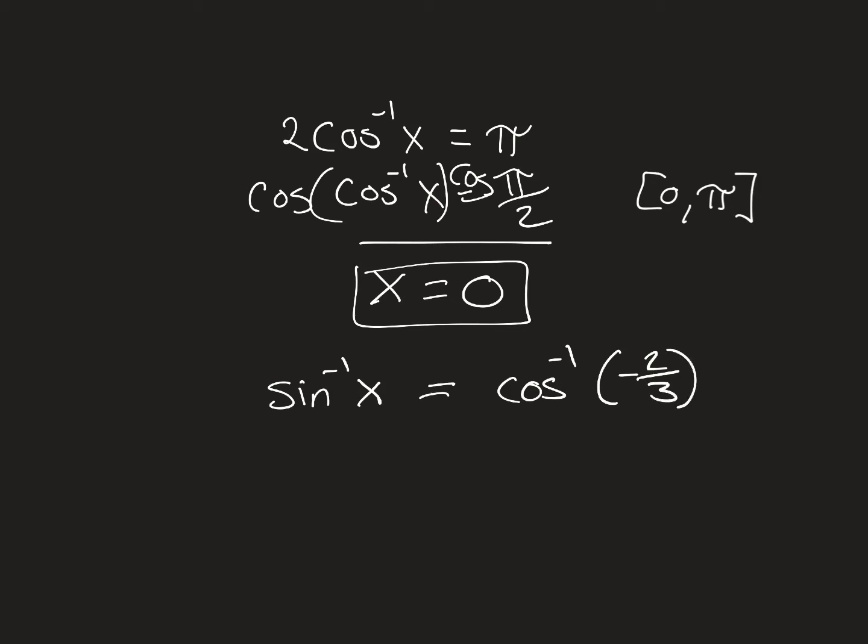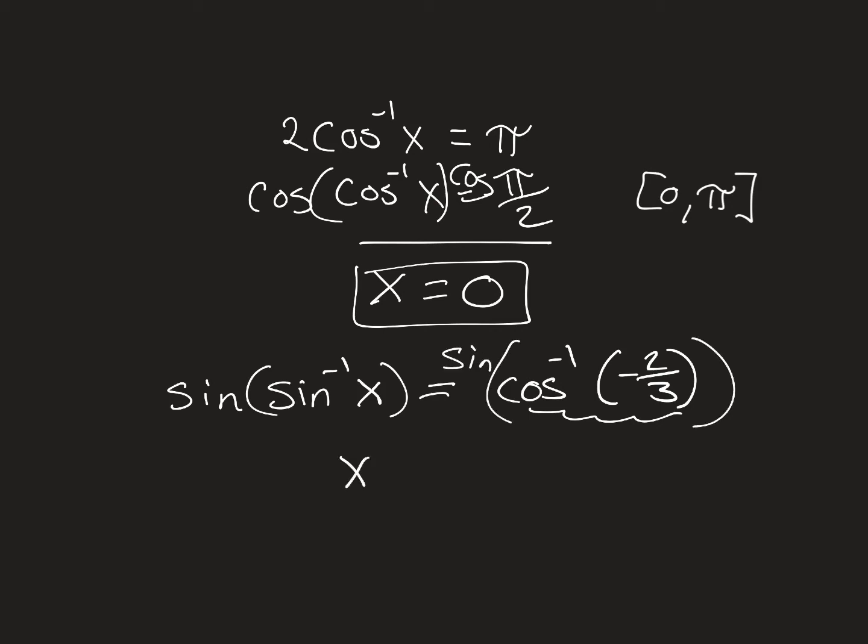Well, I can't find this angle, at least not the exact angle without using my calculator, because negative 2/3 doesn't correspond to one of my special angles. I can't do anything on the right, but I certainly can think about, all right, I need to isolate x, so let's talk about taking the sine of both sides.